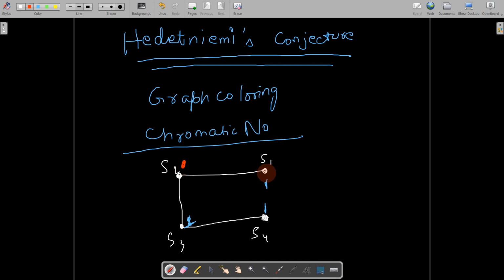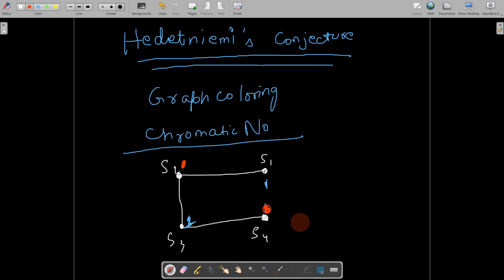See, S1 and S2 don't have the same colors, S2 and S3 don't have the same color, but S3 and S4 have been assigned the same color, so I have to change the color. As I want the minimum time slots, and these colors represent different time slots, I can reuse red's time slot again. What does this mean?